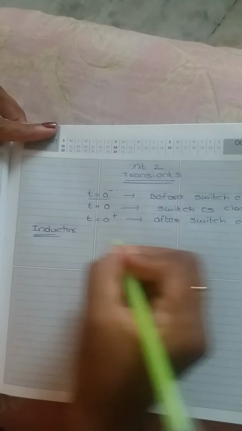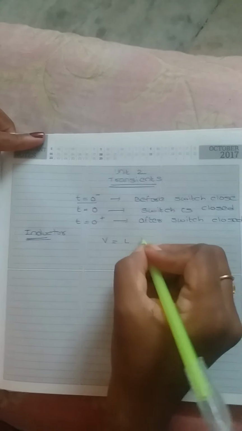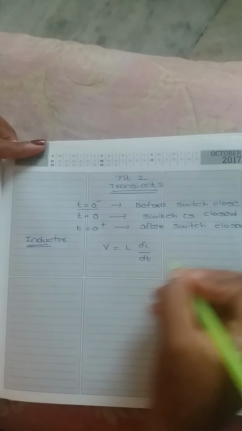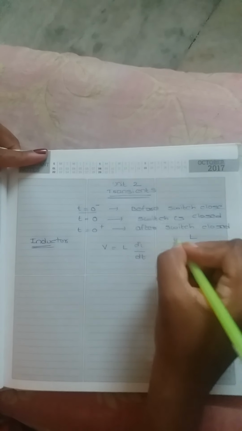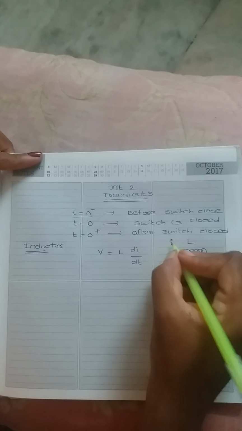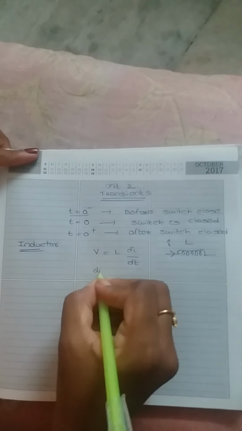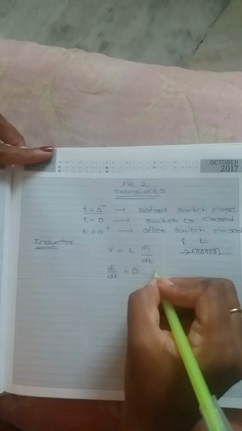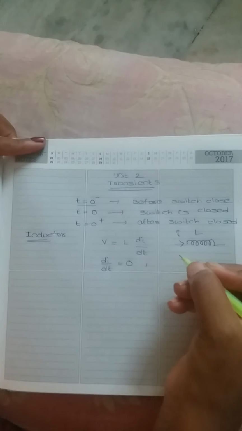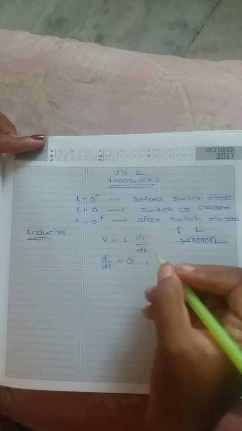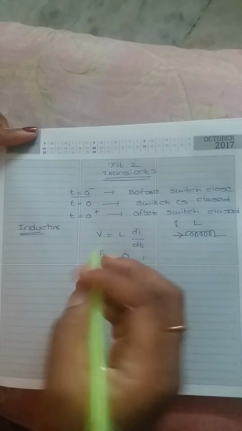First, the inductor. We know that the inductor voltage formula is V equal to L into di by dt. Here is the inductor symbol, and I am passing a DC current through the inductor. Whenever I apply a DC current, the rate of change of current should be 0, because DC is constant.